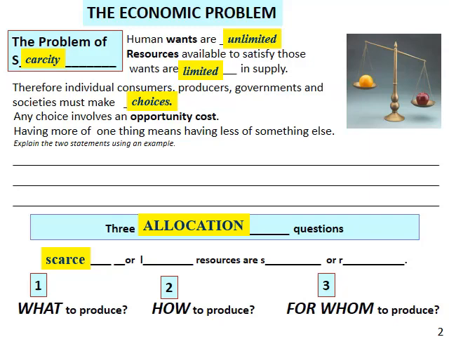And so these allocation questions are really about allocating the scarce resources, which are limited, and they need to be shared out. Another word is rationed, less common. The T is silent in ration. Rationed is to share out. So what to produce, how to produce, for whom? These are the allocation questions.